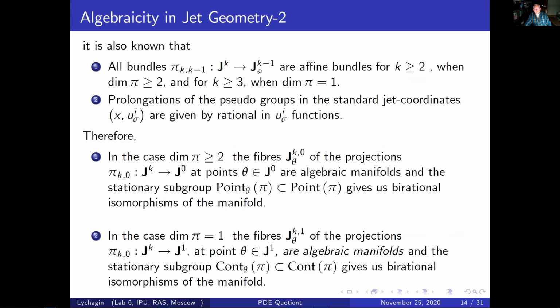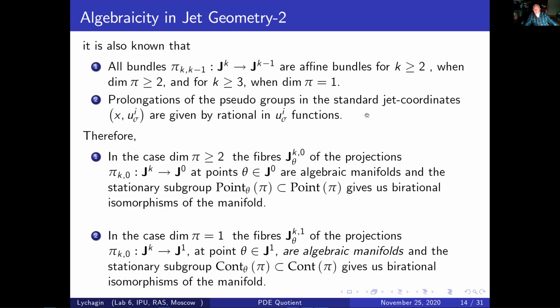If you take projections from k-jets to (k-1)-jets, these are affine bundles if k is bigger than 1 for dimension 2 or more, and k should be bigger than 2 if the dimension equals 1. Also, if we compute prolongations of, say, point transformations or contact transformations to jets, you will see that all these liftings are given by rational functions, very special but rational.